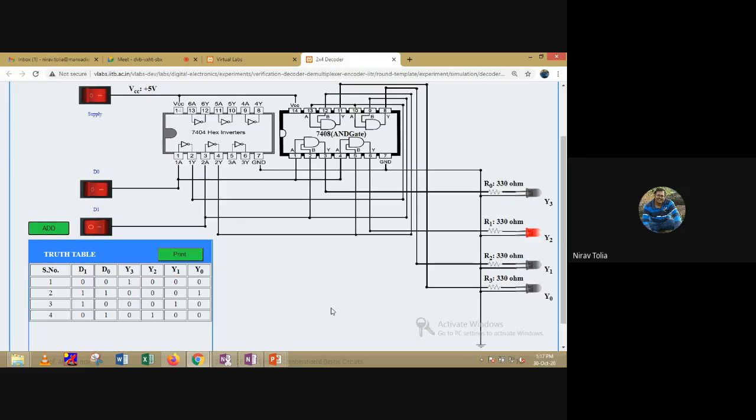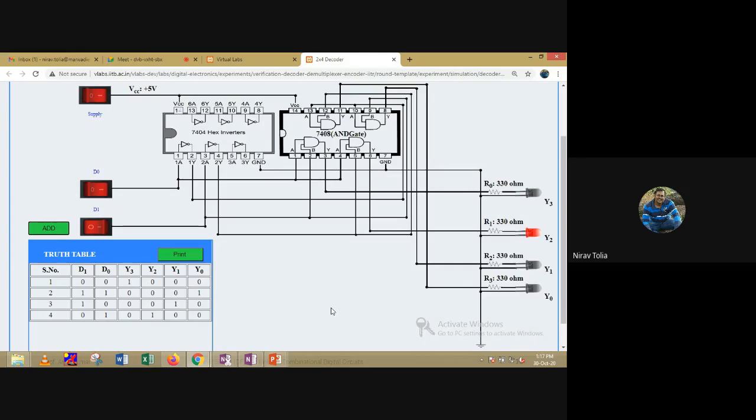So there is some error in the decoder. If you perform the experiment, you must be aware of that. For 0 0, Y0 is activated. For 0 1, Y1 is activated. For 1 0, Y2 must be activated. And for 1 1, Y3 must be activated.